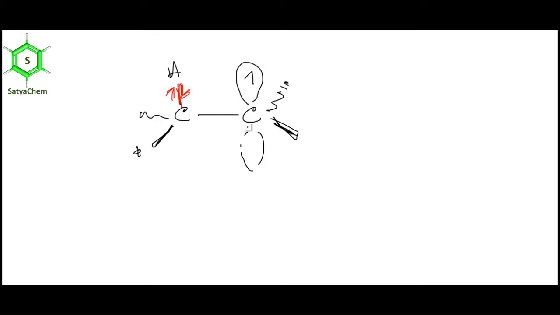Clear? This is actually a half filled p orbital. It means it contains only 1 electron. So this will be the result. Conjugation, sigma electrons conjugation.